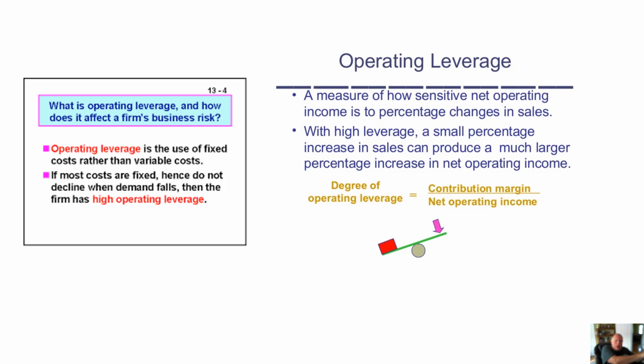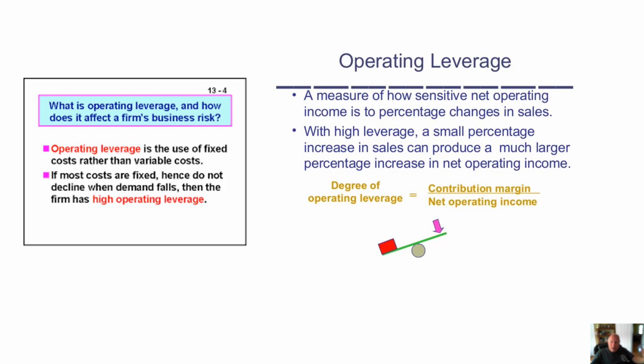If most costs are fixed, and don't decline when demand falls, then the firm has a high operating leverage. So we want to know, is the firm using a high operational leverage? Because if demand falls and we don't have that income coming in, it's going to accelerate, magnify, if you will, our loss.